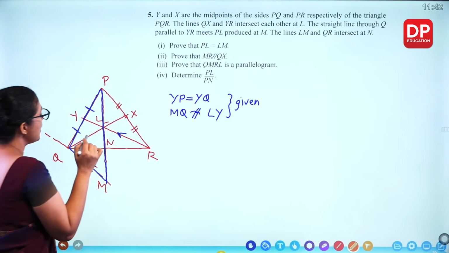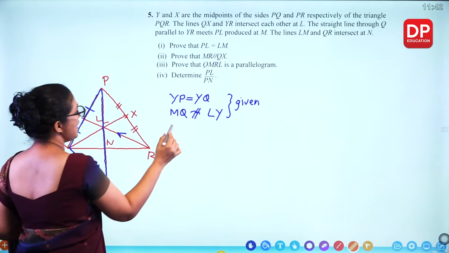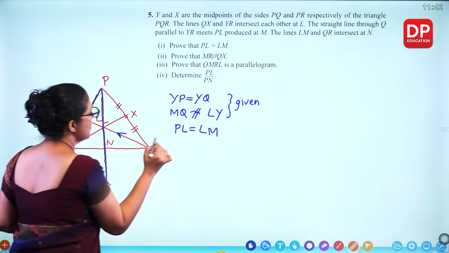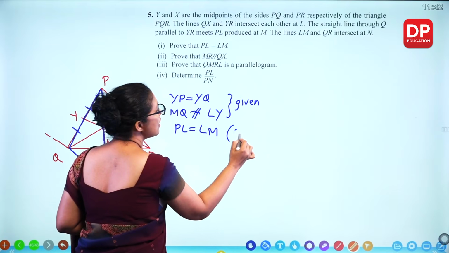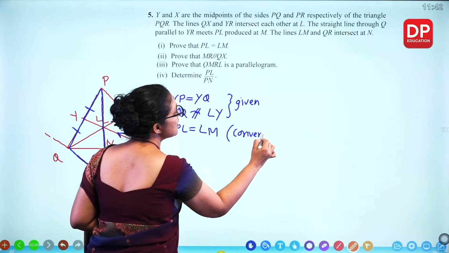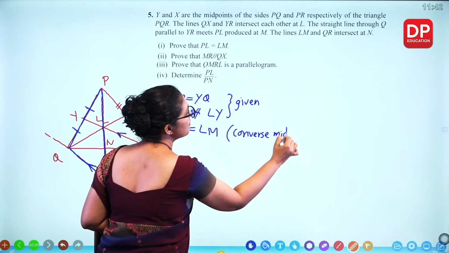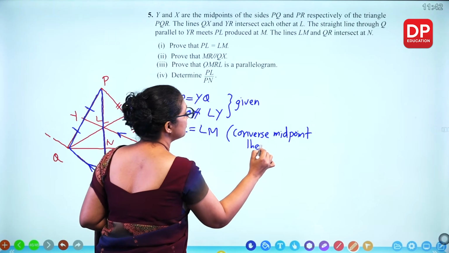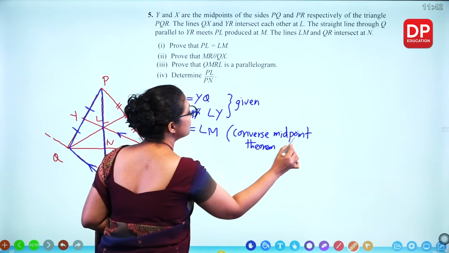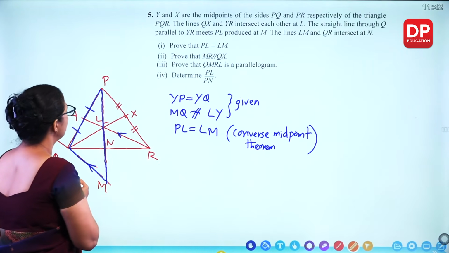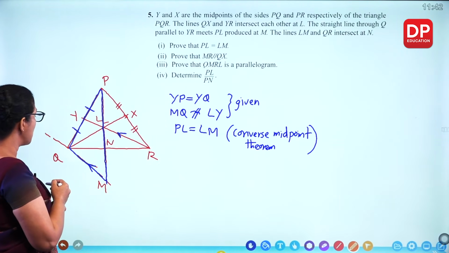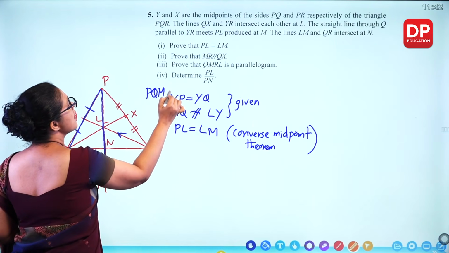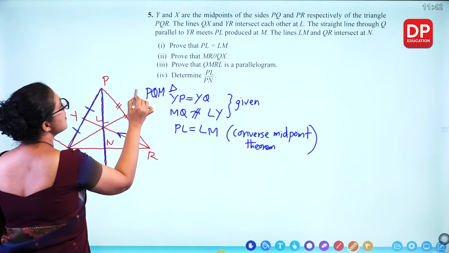So therefore we can write PL is equal to LM according to converse midpoint theorem. You have to write down, this is because of PQM, when we are taking the PQM triangle. So that's the first part.